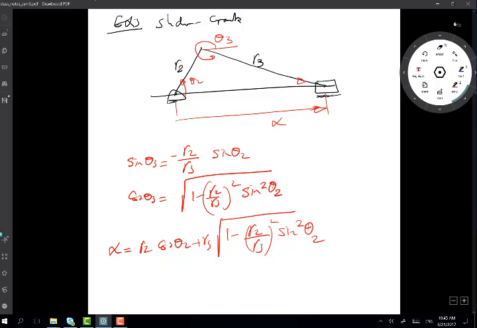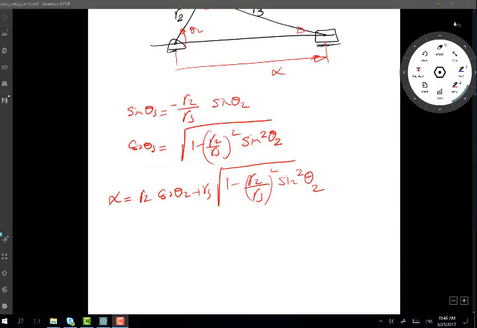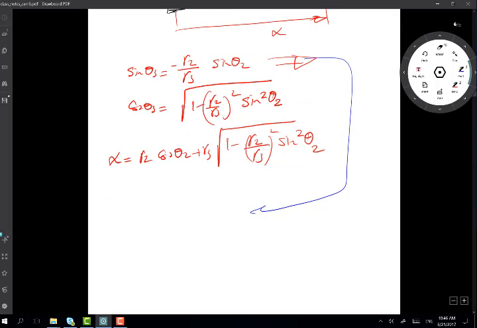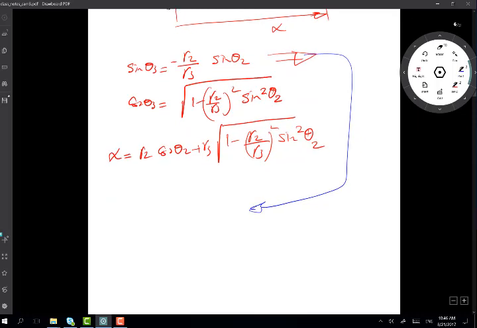We had those expressions. Then in this case, if I want to calculate the angular velocity omega 3, I can just differentiate this expression here. So if we differentiate both sides, on one side I have d sine theta 3 dt, and on the other side minus r2 over r3 d sine theta 2 dt.